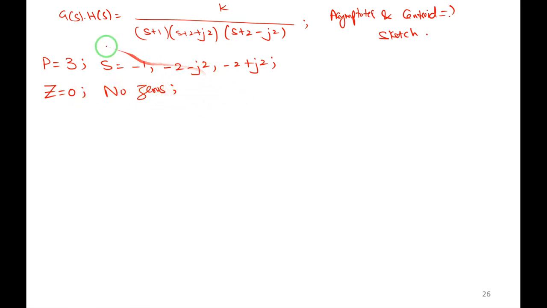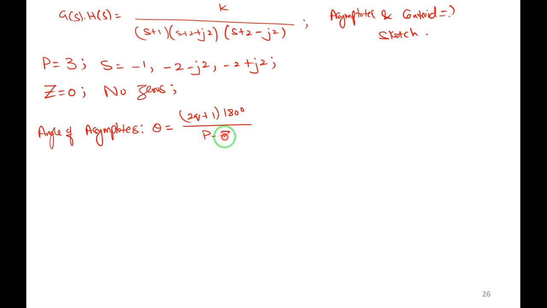Okay, we have seen the poles and zeros information. Next, we will write the formula for the angle of asymptotes. The formula is theta equal to (2q plus 1) into 180 degrees divided by p minus z. You should know this. The value of q runs from 0, 1, 2 and so on till p minus z minus 1.